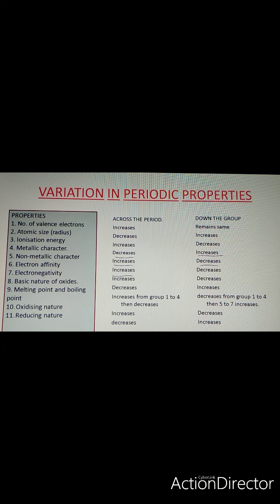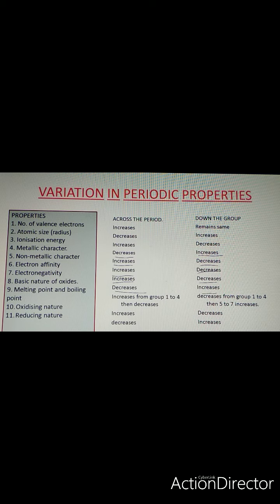Electron affinity increases across the period and decreases down the group. Electronegativity and basic nature of oxides decrease across the period and increase down the group.